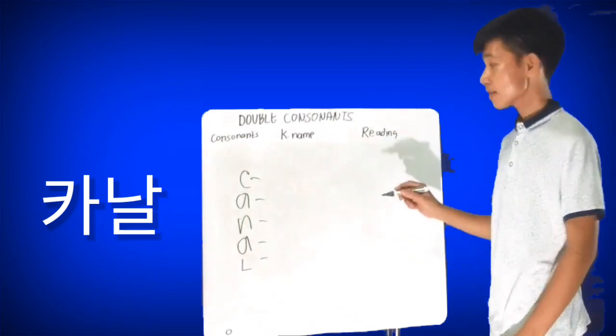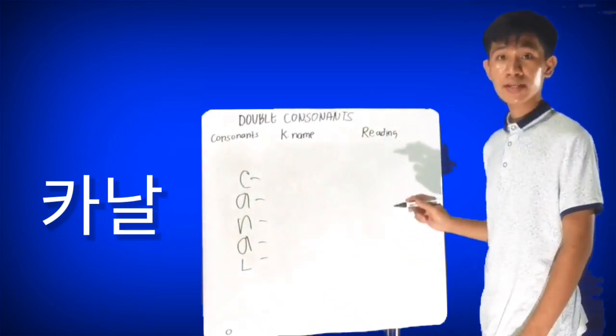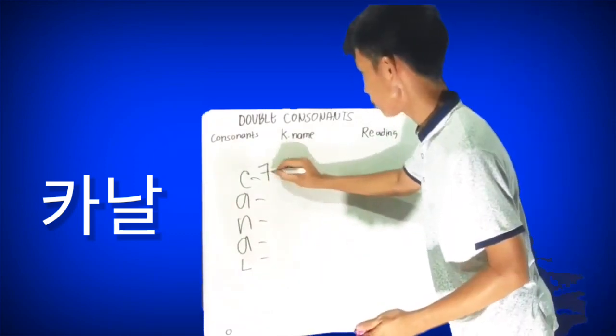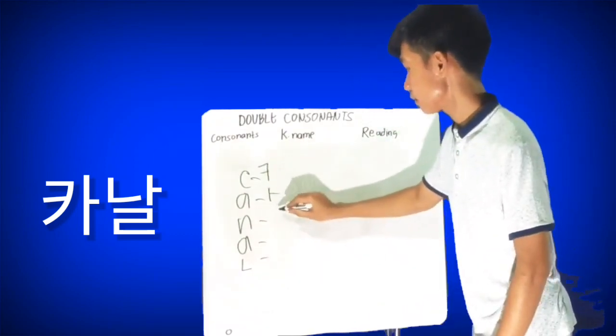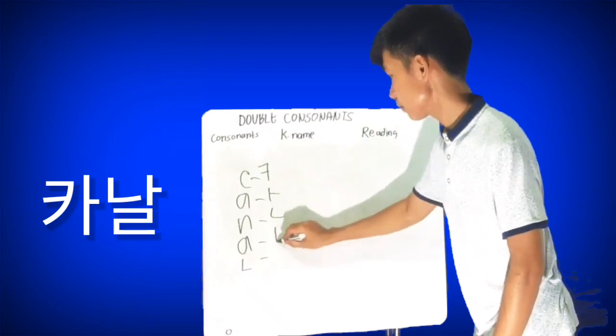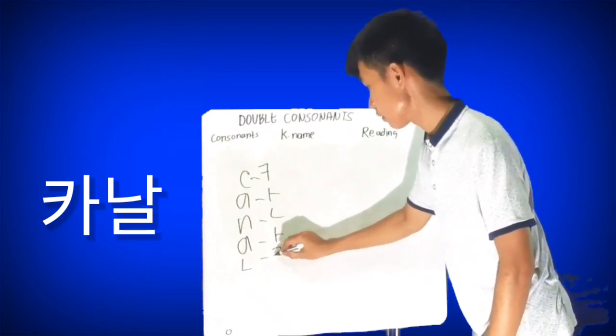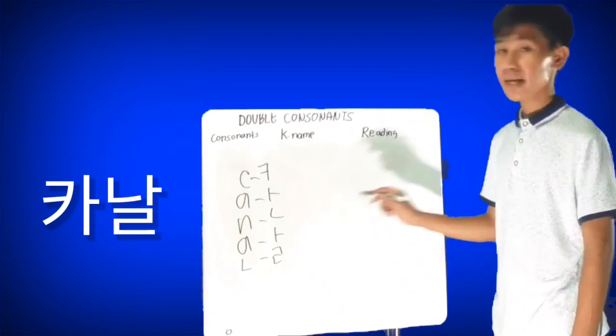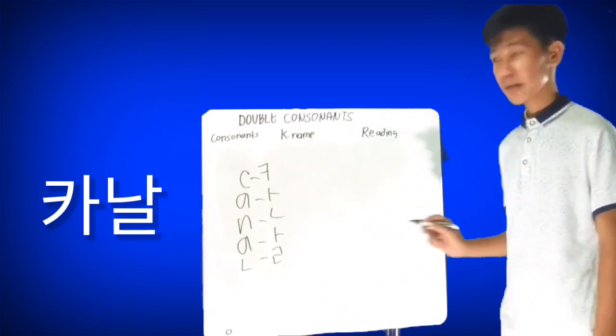In Hangul, there is no letter C, but we can use letter K since they have the same sound. These are the equivalent letters of canal in Hangul. Then, let's try to make it in Hangul form.